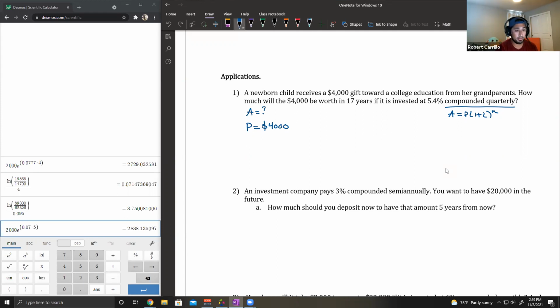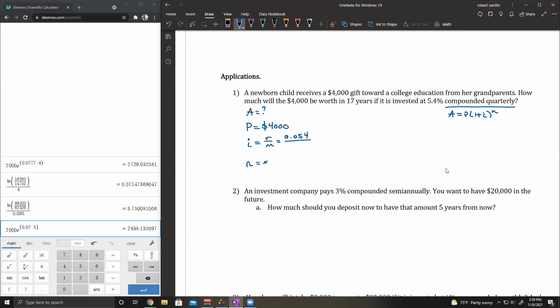Remember that i is rate over compounding. So now the rate is 5.4%, so 0.054. And we are compounding quarterly. Does anybody know how many quarters are in a year? Four.